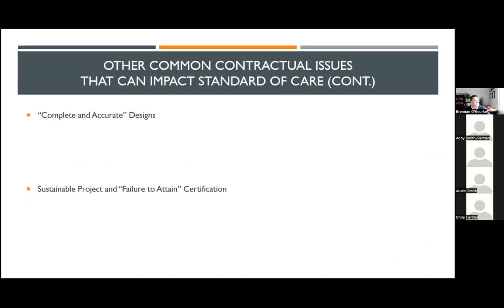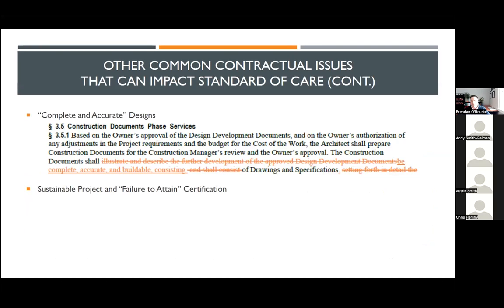Another area that can sort of modify the standard of care is what your deliverables are. And this is language that was added into a standard AIA contract by counsel for the owners, where in speaking to the construction document deliverables, they included the words that the construction documents shall be complete, accurate, and buildable.